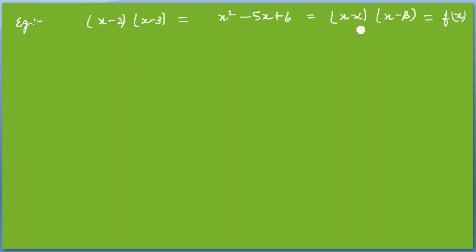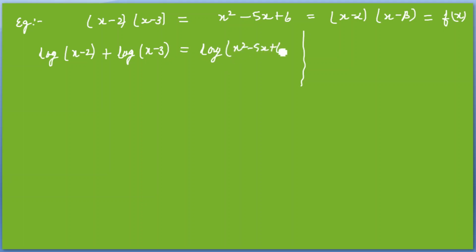What we will understand first with this example is taking log on both sides. So we can write log(x minus 2) plus log(x minus 3) is equal to log(x² minus 5x plus 6).